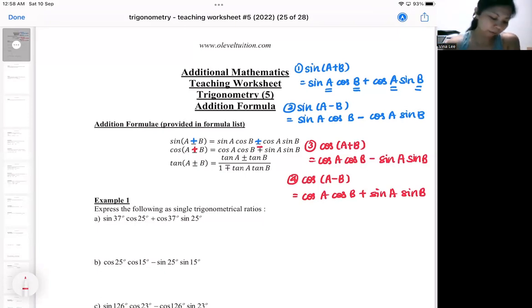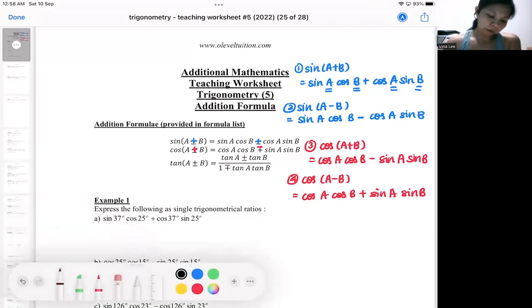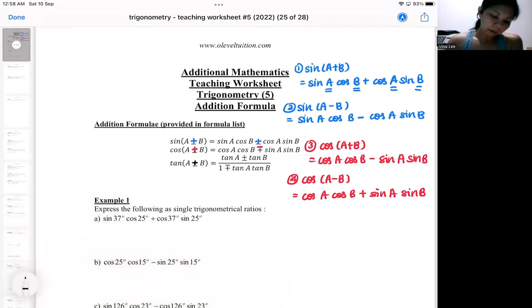During O level, it's condensed in such a way, so you've got to get used to how it looks. Then for tangent, the top follows the same sign, the bottom will be opposite. Tangent A plus B will be tangent A plus tangent B, over the bottom with the opposite sign.